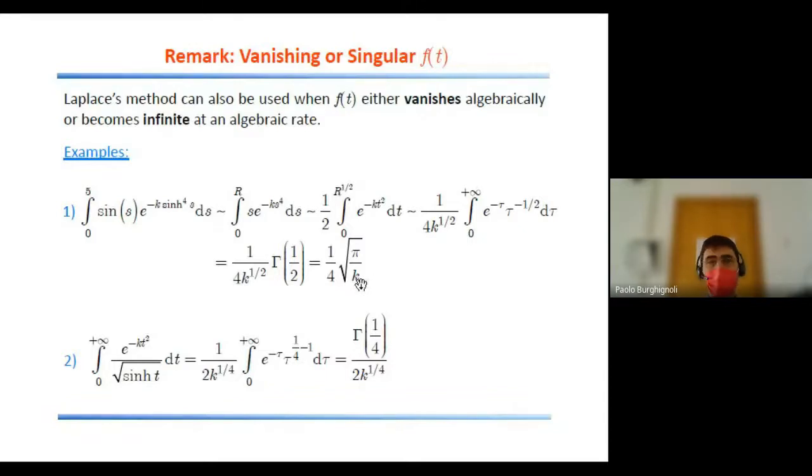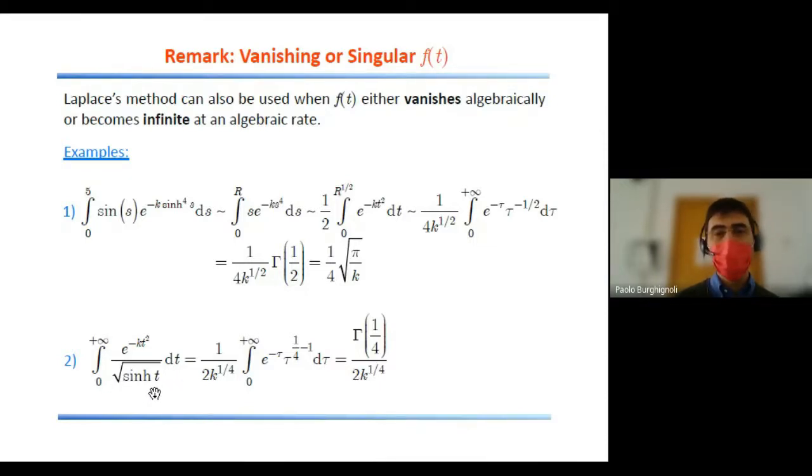Another example is this in the bottom part of the slide, where you can see that the Gaussian exponential is divided by the square root of the hyperbolic sine of t, which is a function that diverges at the origin, because the hyperbolic sine tends to 0, and so therefore, since it is in the denominator, this goes to infinity.